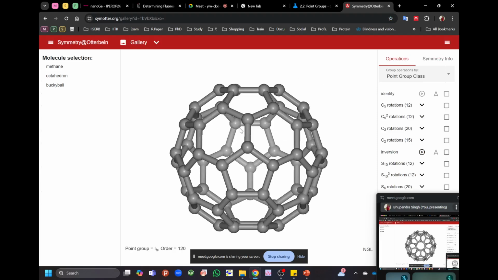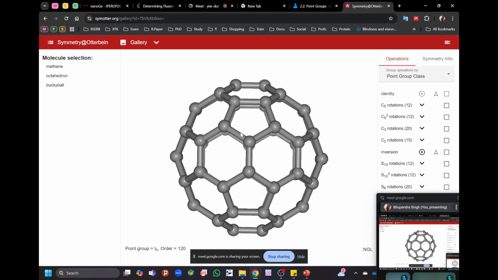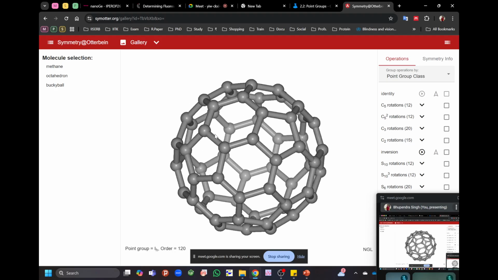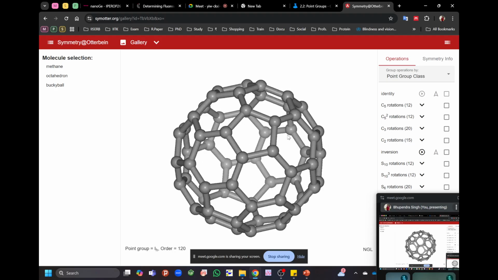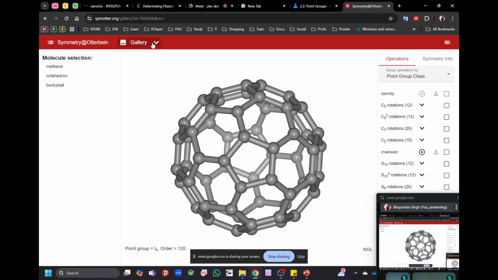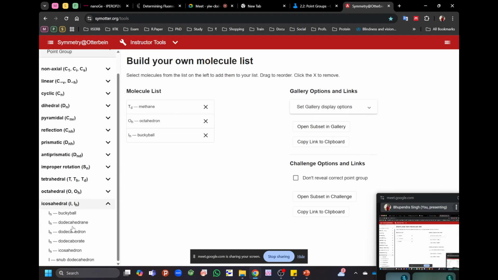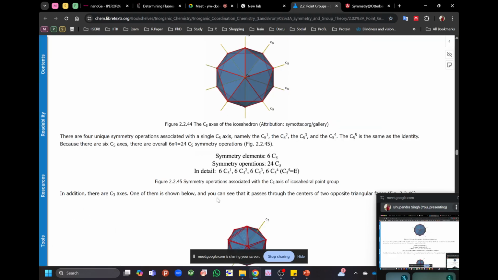Icosahedron, dodecahedron. What is the example here?